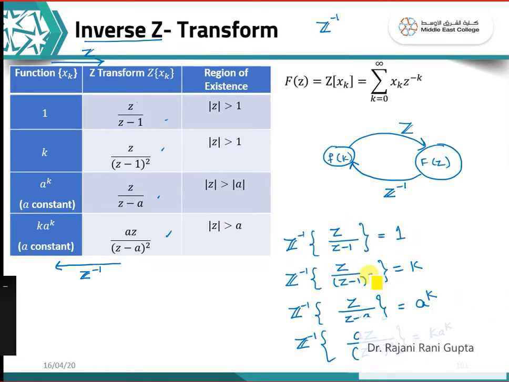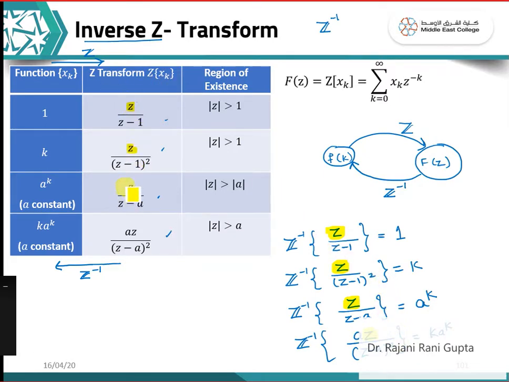Now, one important thing you need to notice is that when we are taking the inverse Z transform, it is important that in all the rules Z should be there in the numerator. You can see this even from the table.